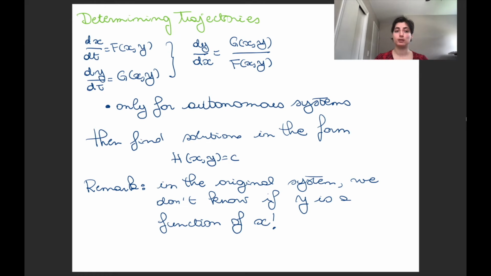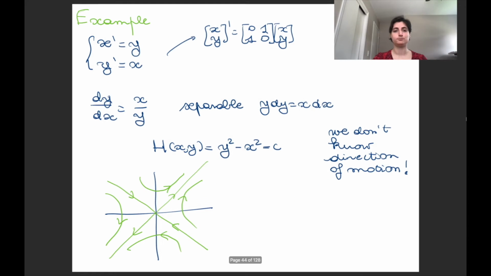You also have to be a bit careful about the fact that in this new system, dy over dx equals g over f, we have lost information about time. So we're able to retrace the shapes of our trajectories. We're not able to understand how fast or how slow or in which direction we're following these trajectories. To understand that, you have to go back to the initial ODE system.